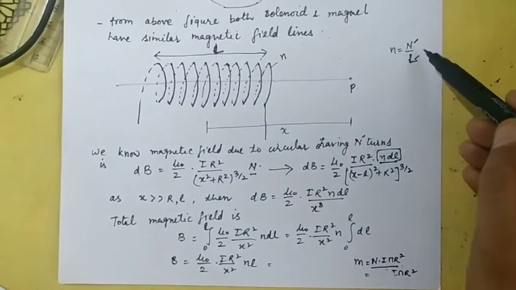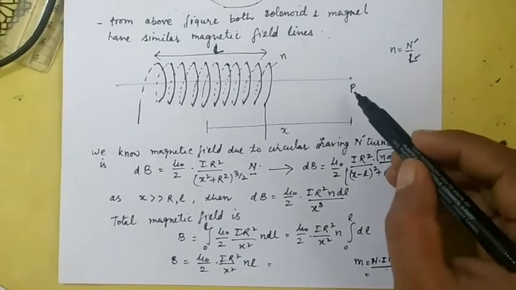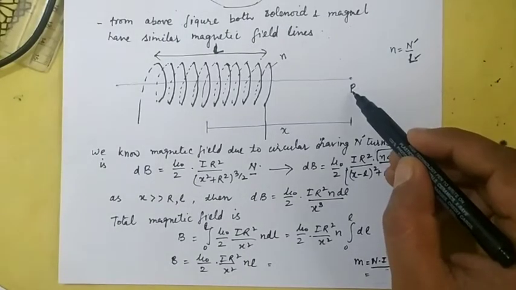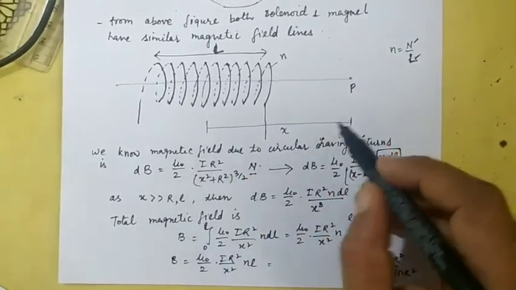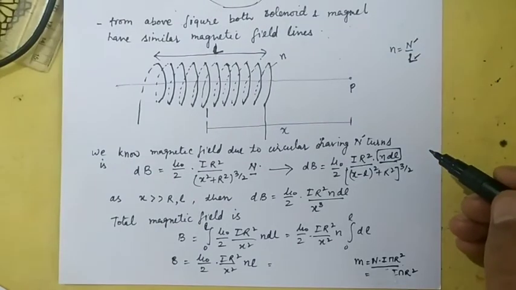Let P be the point where we want to calculate the magnetic field, at a distance x from the center of the solenoid.